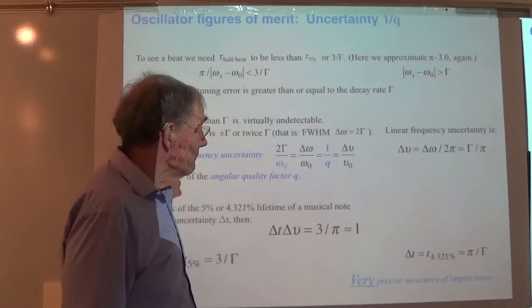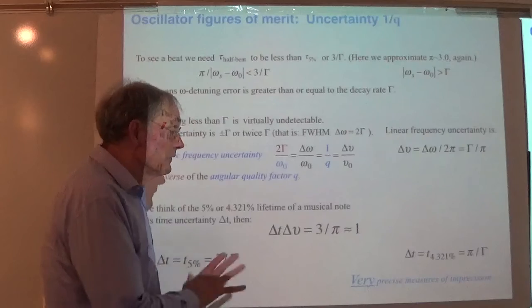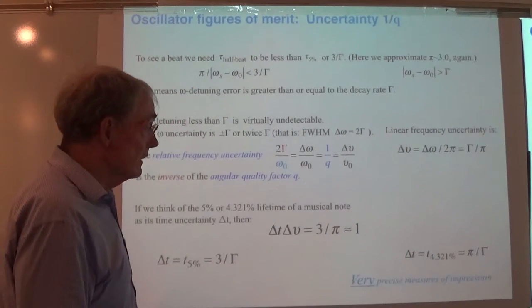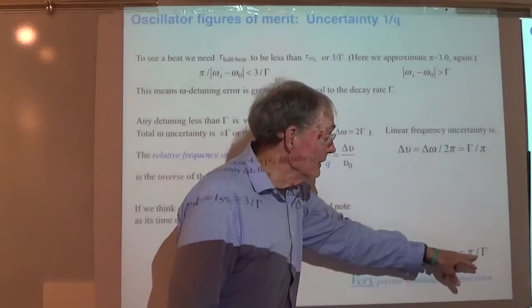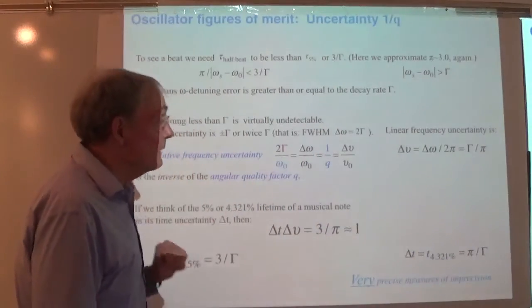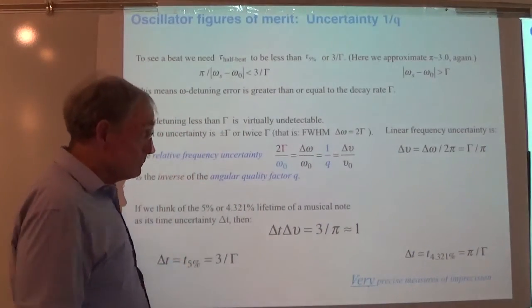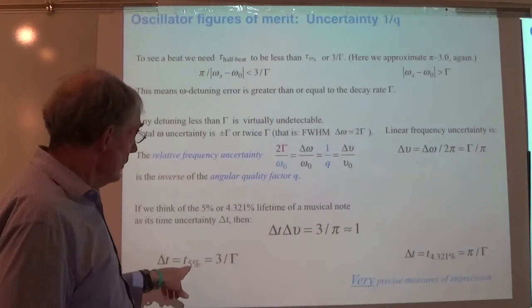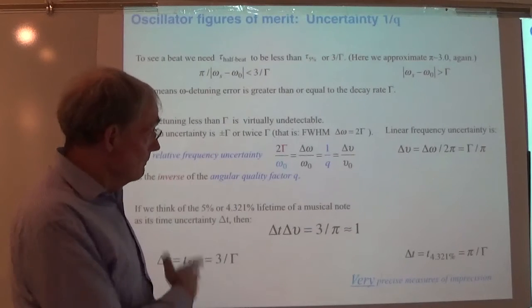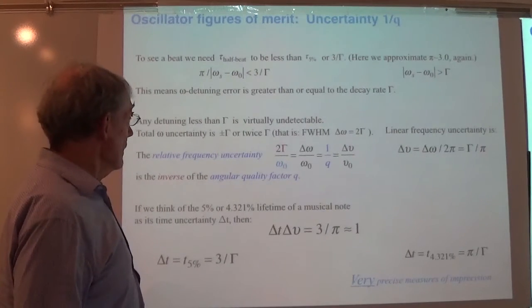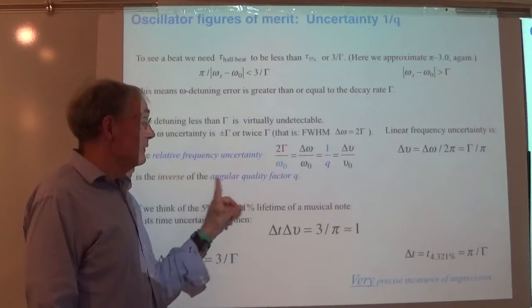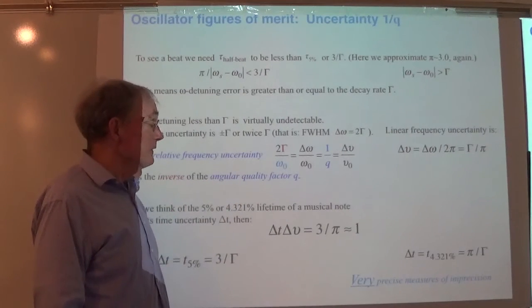Well, when that's close to 1, that's pretty much the uncertainty relation for a classical oscillator. You can get fancy here, and be very precise about imprecision, but right now for what we're doing, that's good enough. So the T5% of 3 over gamma is what's making this happen. So that's another use for the angular quality factor.